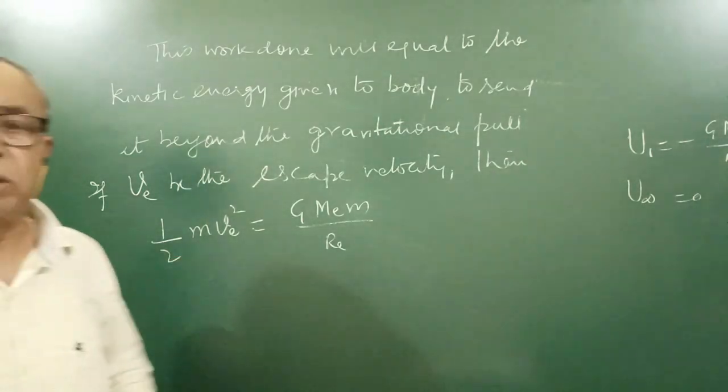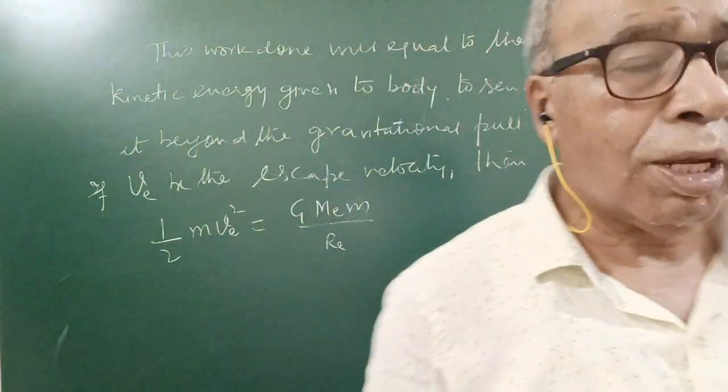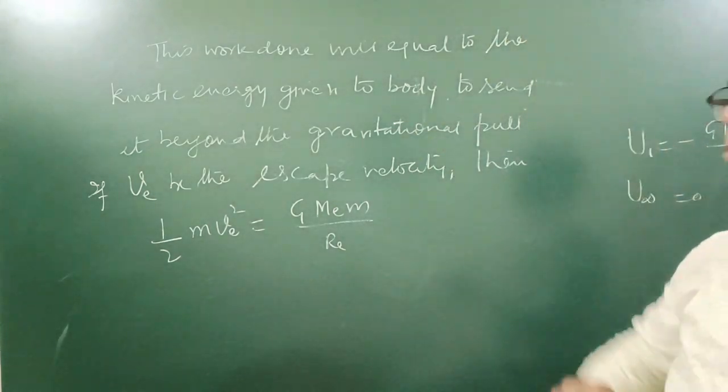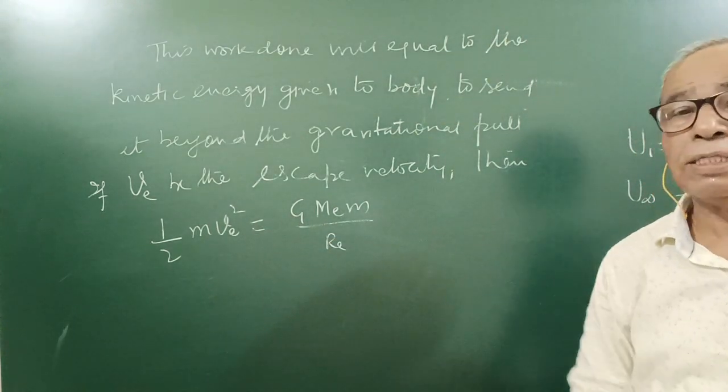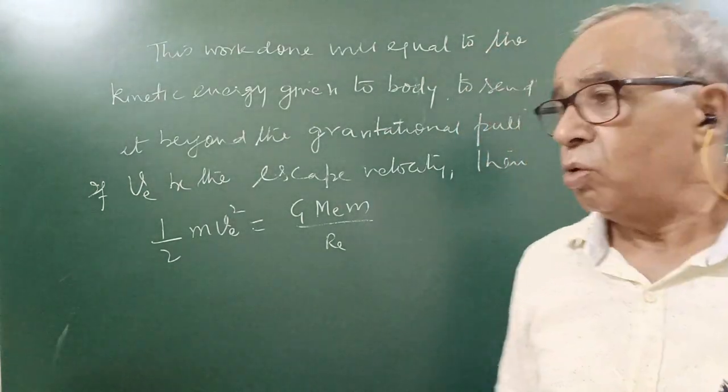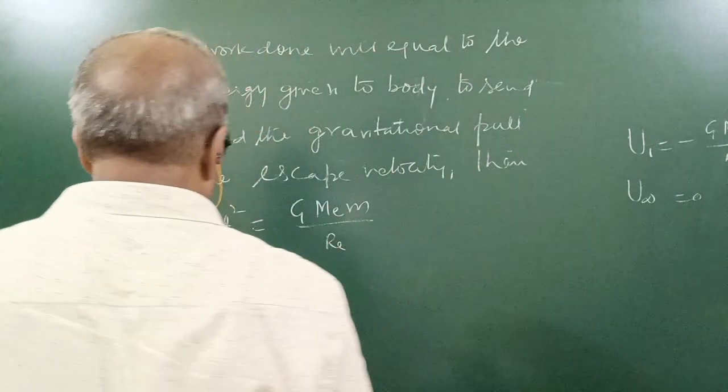This is that velocity which is given to throw the body beyond the pull of Earth, and there it will come to rest. If the velocity is more than this, the body will certainly go out and continue to move. After this it will not move.